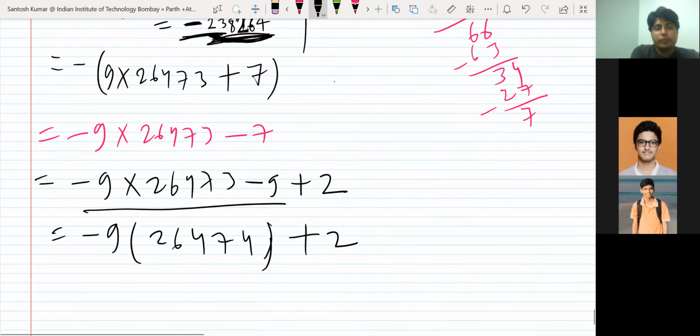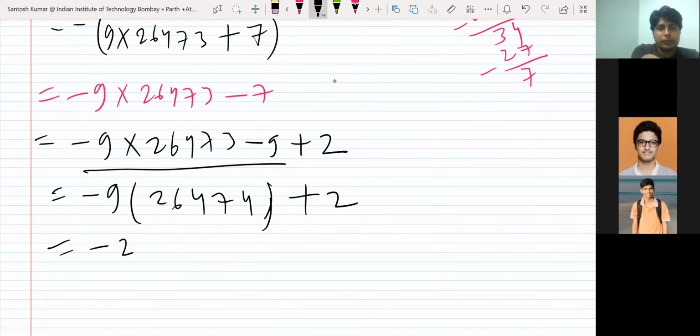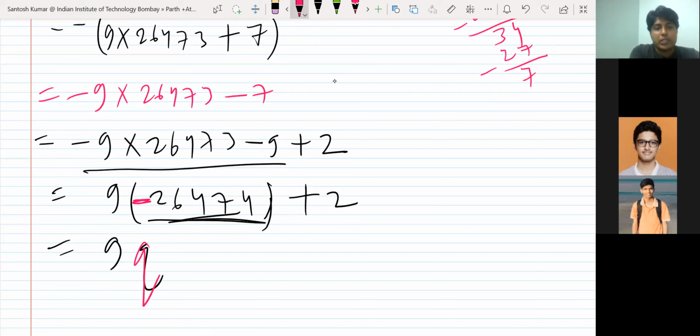So q is minus of this thing. So q can be negative, the quotient can be negative, and plus remainder is 2. So 2 is your remainder.